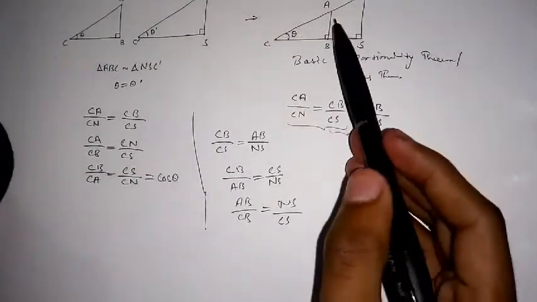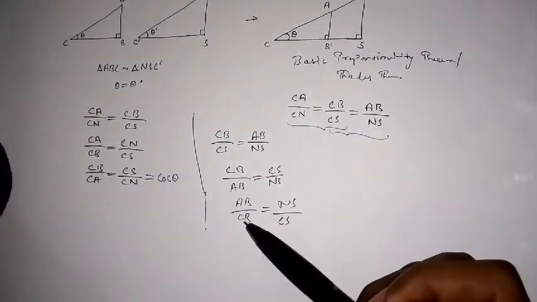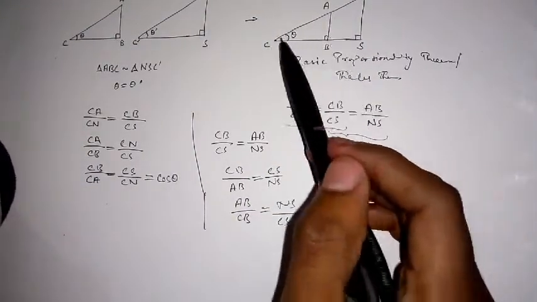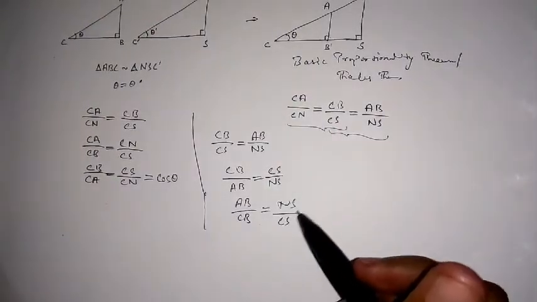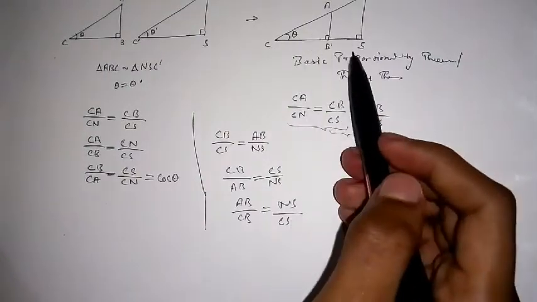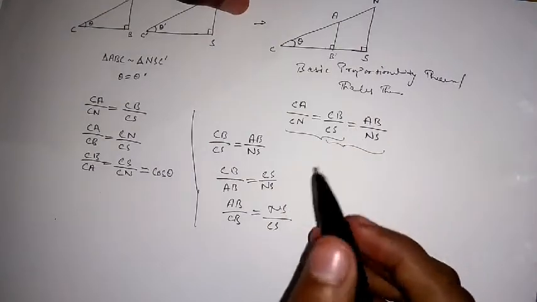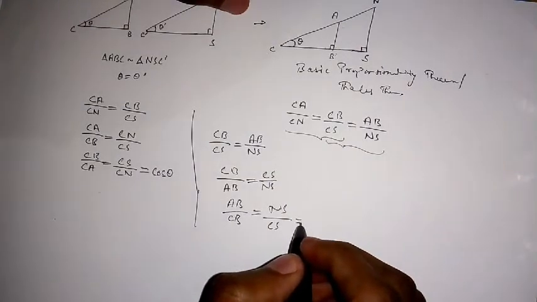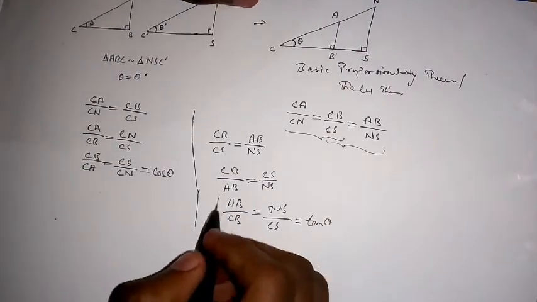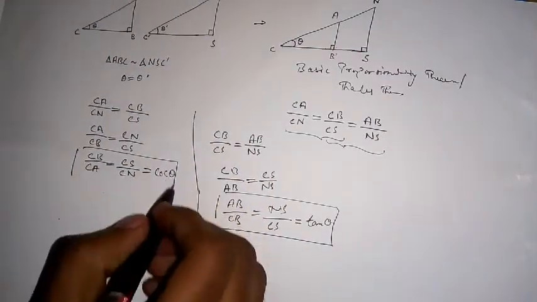Now you'll notice that AB is the opposite side with respect to this angle, and CB is the adjacent side. And also NS is the opposite, and CS is the adjacent side with respect to angle theta. And we know that opposite over adjacent is tan theta. Therefore tan theta will be equal for both the two triangles.